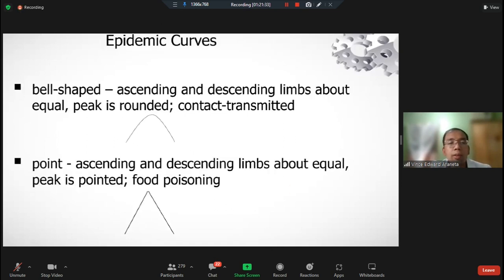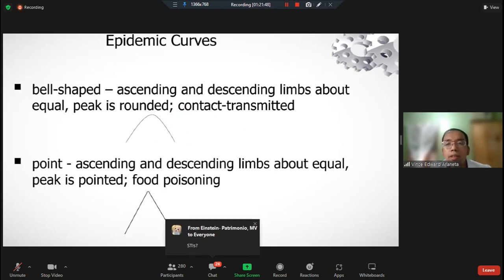Next, the bell-shaped curve. There are equal ascending and descending limbs, but the peak is rounded, usually for contact transmitted diseases. What are contact transmitted diseases? STIs.